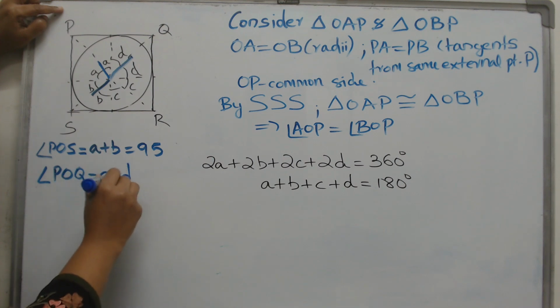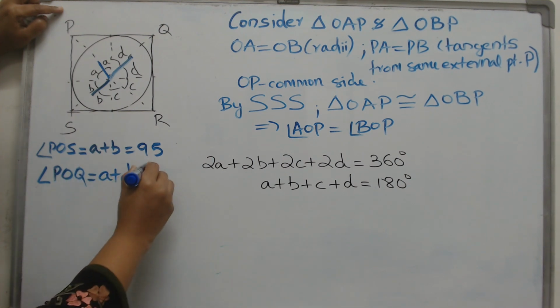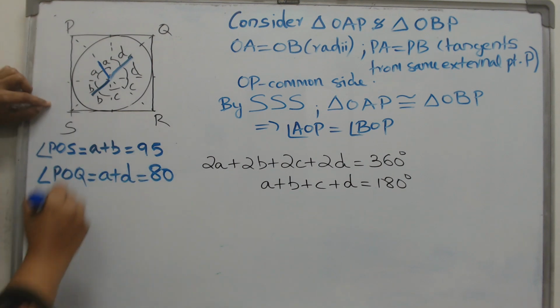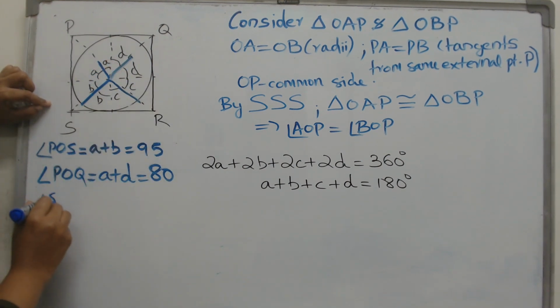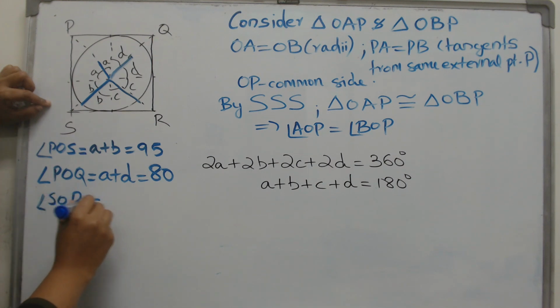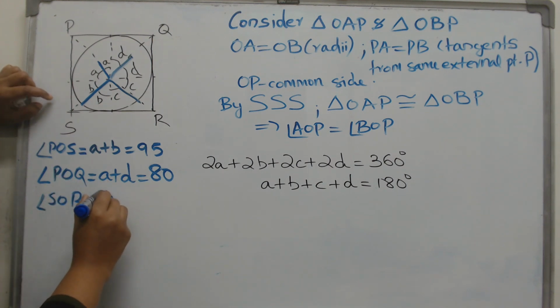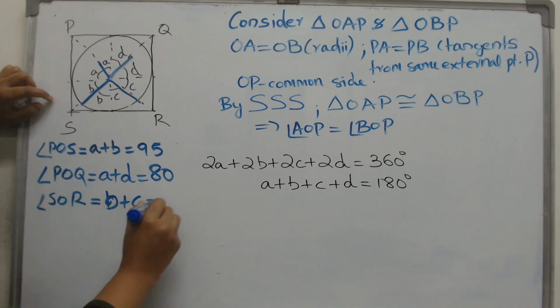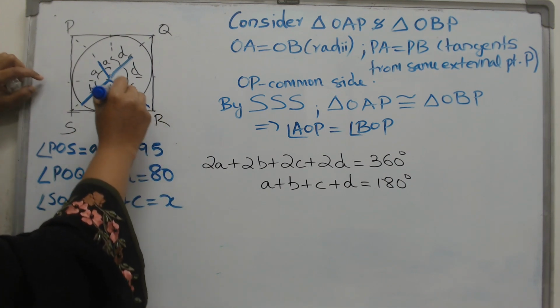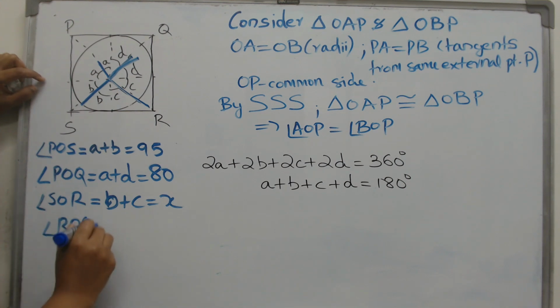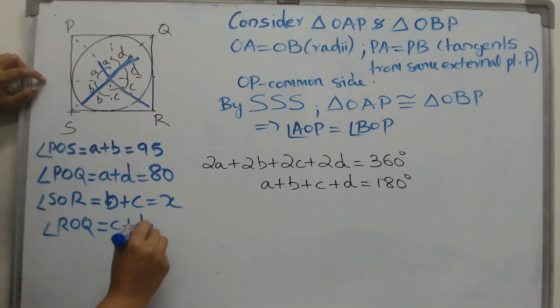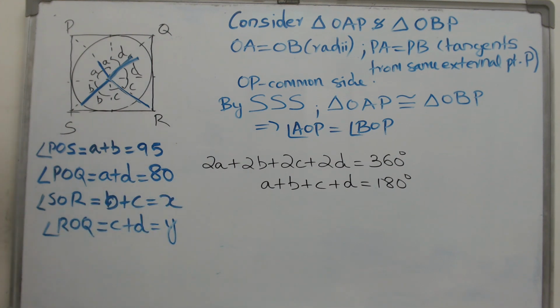Now we found it to be A plus D, but it was given as 80. And what did we need to find? This one, angle SOR. We had named it X, but now we know that it is B plus C. And the other one was ROQ. Now we know it to be C plus D, but we had named it Y, right?